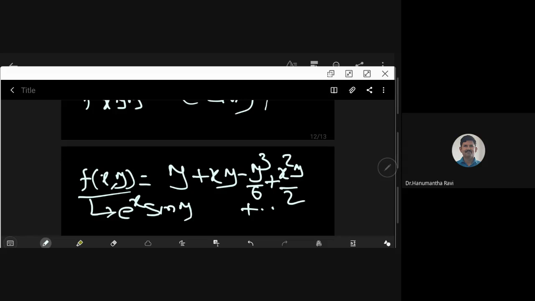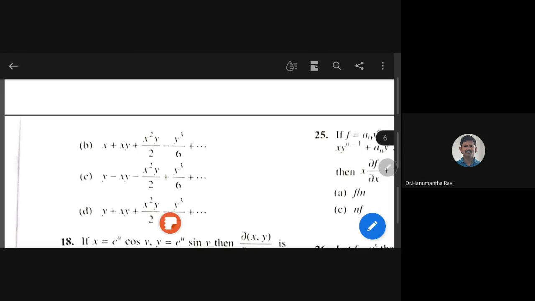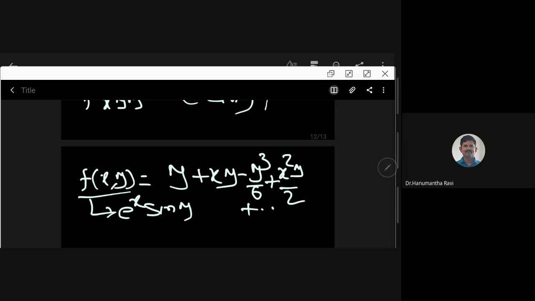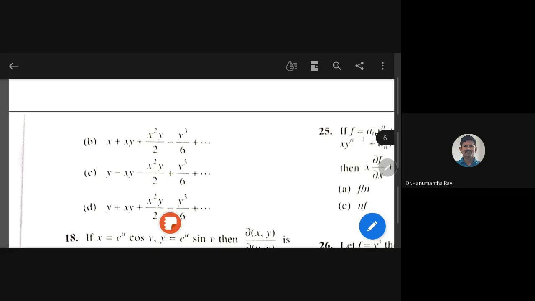Now look at the possible answers. See here, minus y cube by 6 is there. So the correct answer is D. Here D is the correct answer.